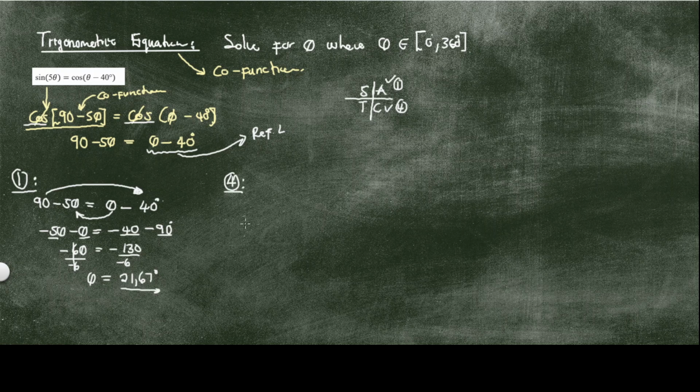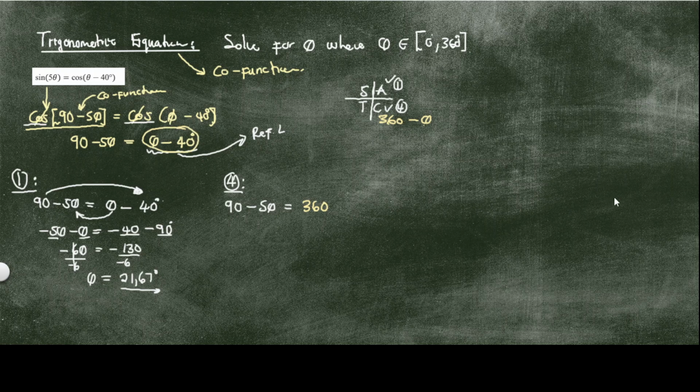In the fourth quadrant, we have 90 degrees minus 5 theta equal to... since in the fourth quadrant we have a reduction formula, which is 360 minus theta, where theta is the reference angle.